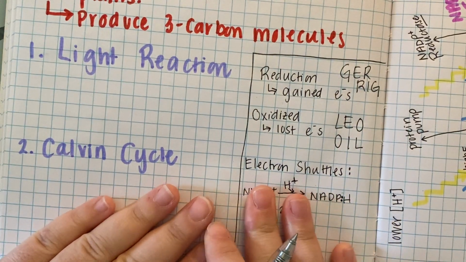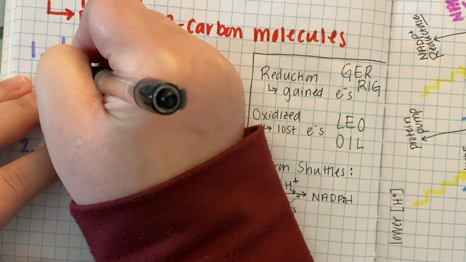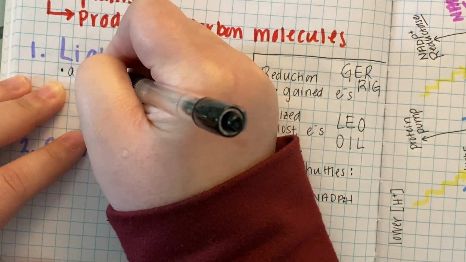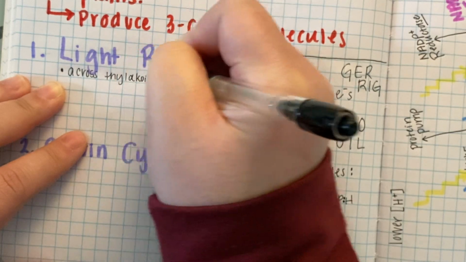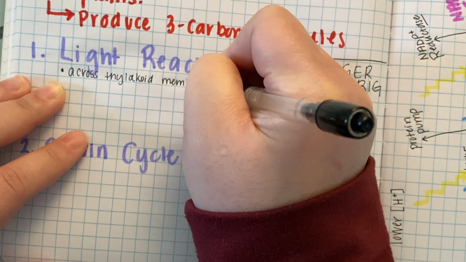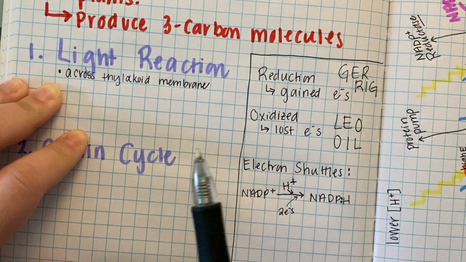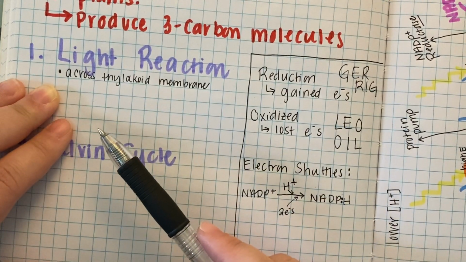So for our light reaction, it takes place across the thylakoid membrane. So it's accessing both the lumen and the stroma, so it has a differential concentration gradient.